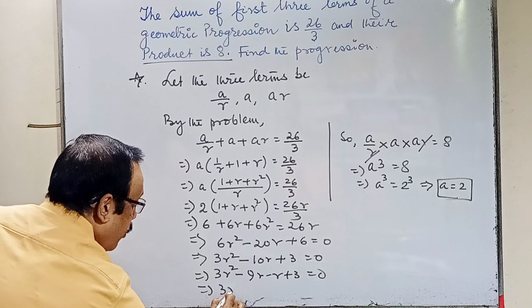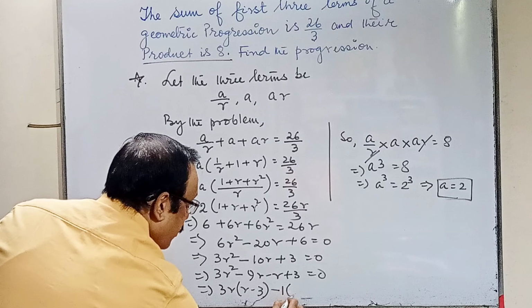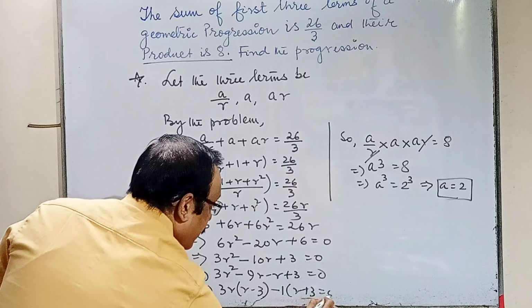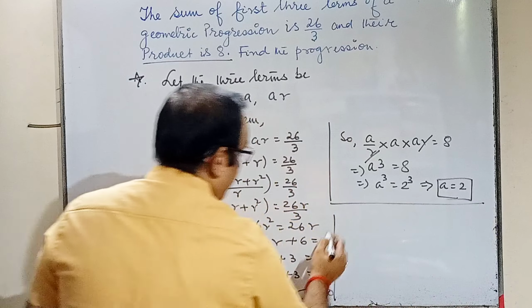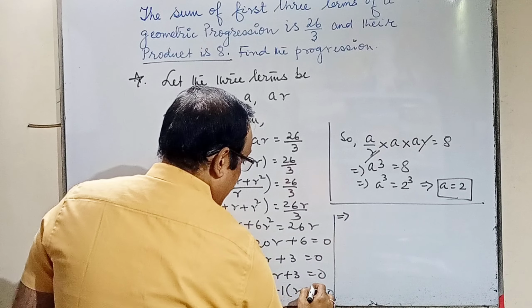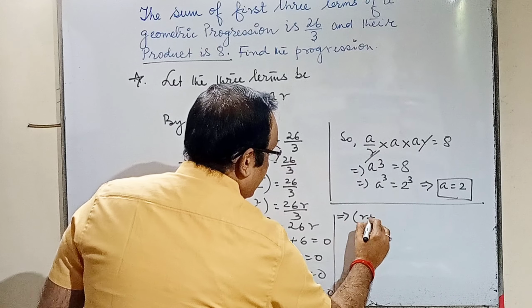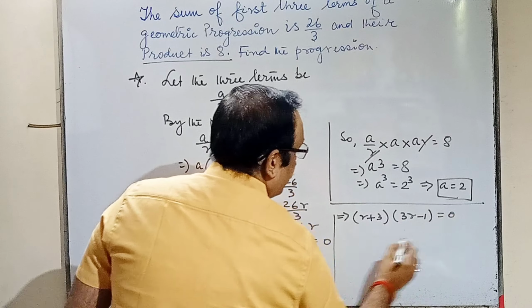So 3R common, you get R minus 3, minus 1 common, R minus 3 equal to 0. So if we come here after this, we get R minus 3 into 3R minus 1 equal to 0.